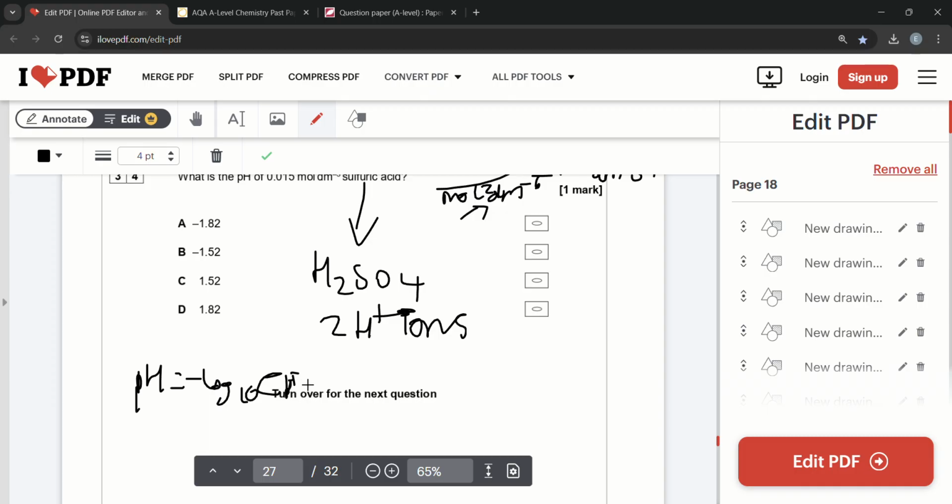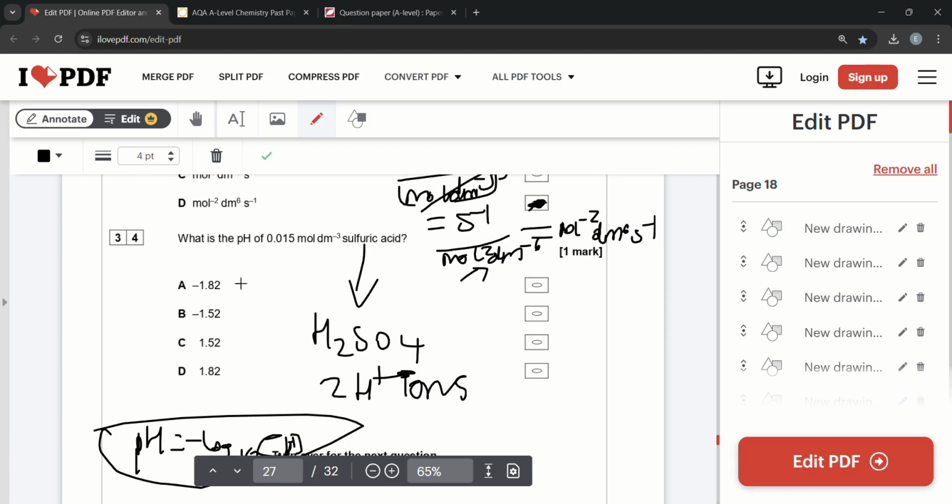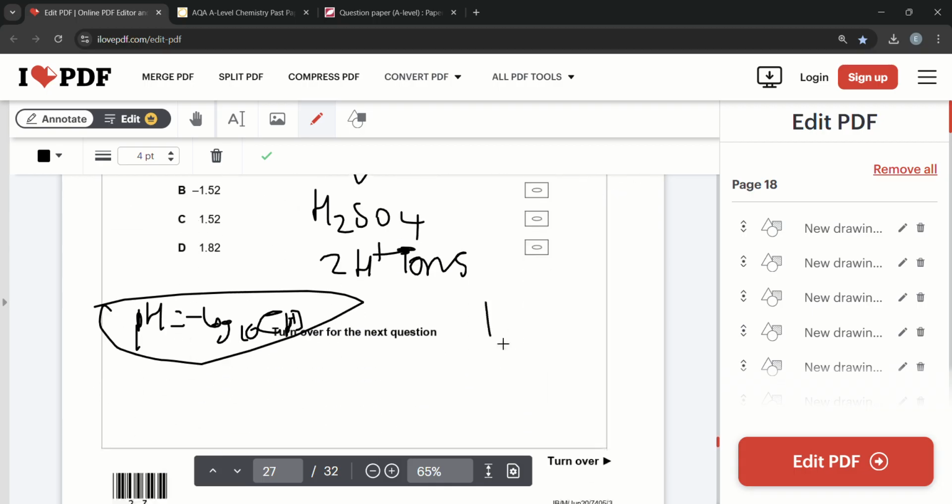If you've done this in class, you know this equation by heart and just do practice. But because we've got 2 H+, we need to times this by 2. So pH is minus log10 of 0.015 times 2, and that will give me 1.52.